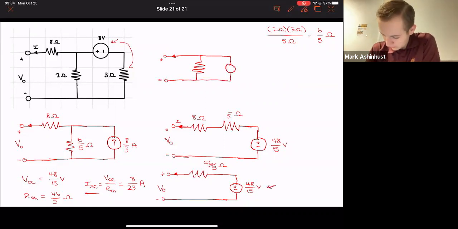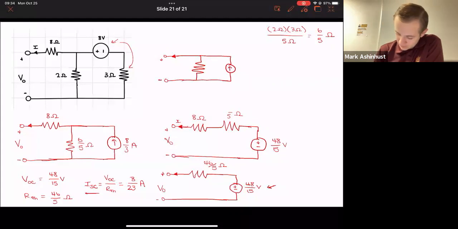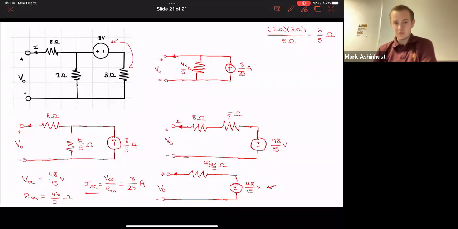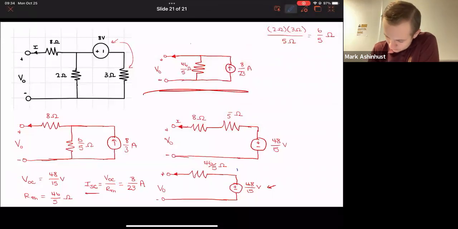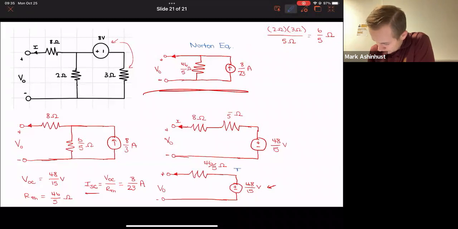Our current source is going to be arrow towards the positive. We know RTH is 46 over 5 ohms, and ISC is 8 over 23 amps. And this would be our Norton equivalent, and the bottom would be our Thevenin equivalent.